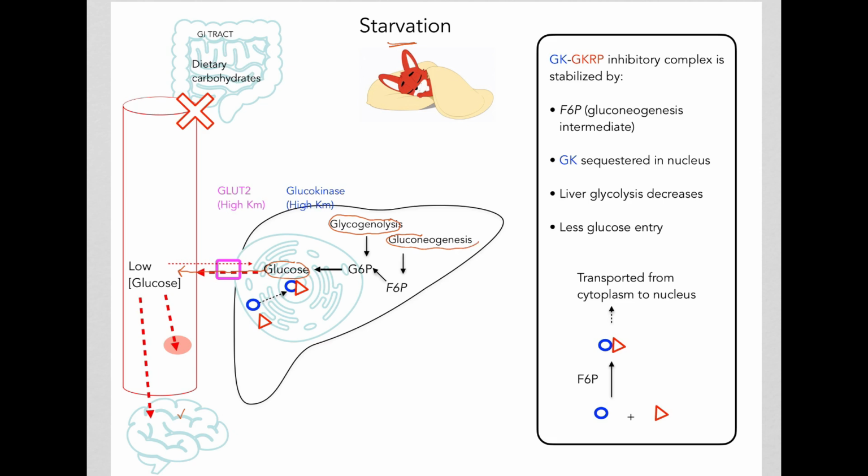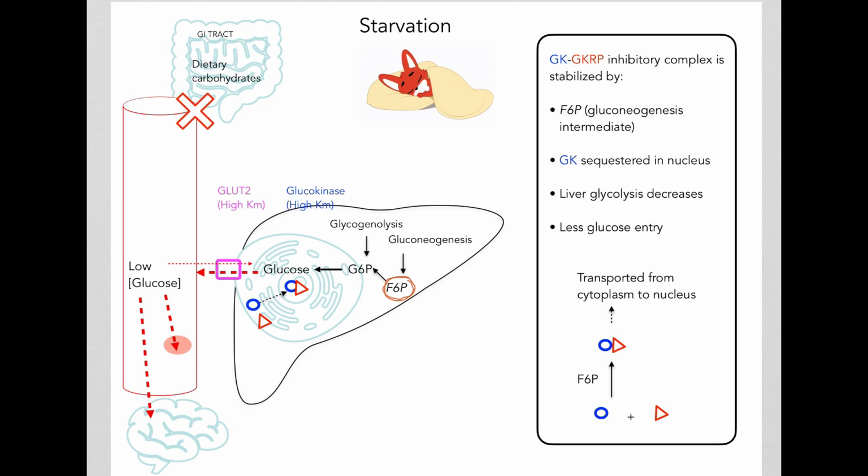Gluconeogenesis, the synthesis of new glucose, is also another very important metabolic pathway that happens during starvation. New glucose is made by the liver, and this glucose, once again, can be used by the brain as well as the red blood cells. So one of the intermediates of gluconeogenesis is fructose 6-phosphate.